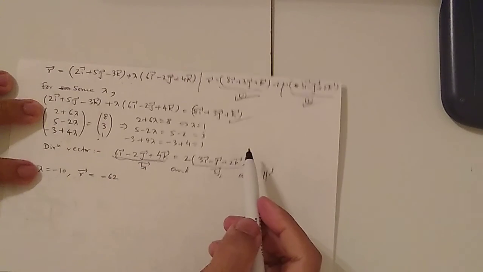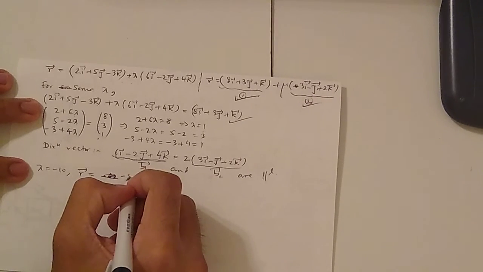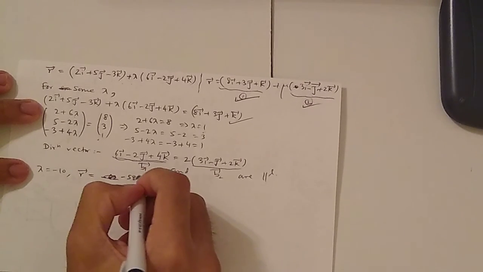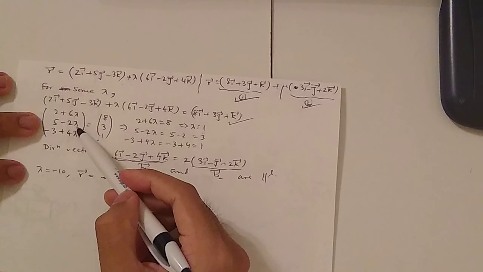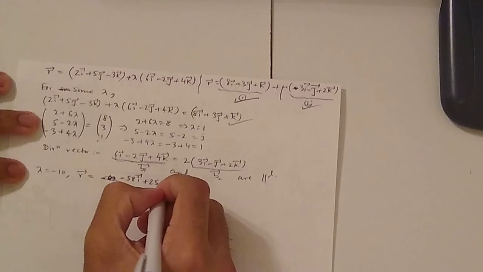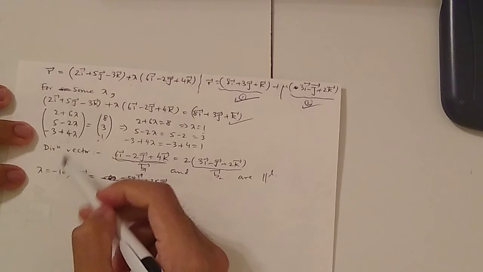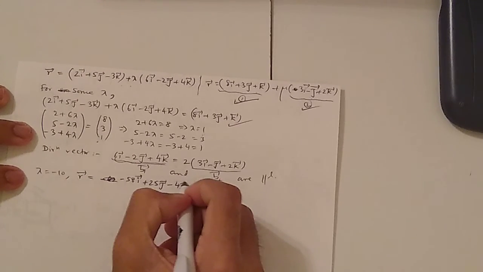No, it's not minus 62, it's minus 58, sorry, minus 58i. Minus 10 for the second one is going to give you 25 plus 25j. Minus 40 minus 3 is going to be minus 43k.